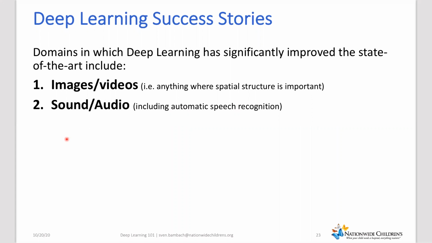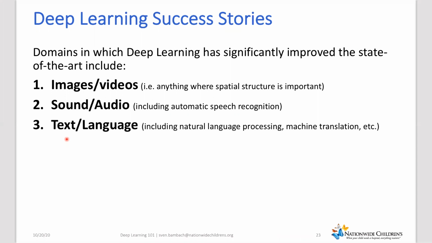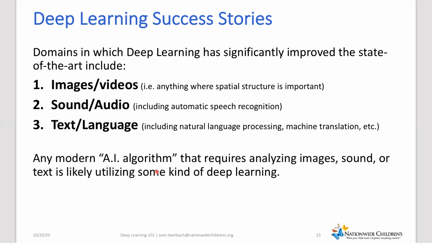There's spatial or temporal structure that's important. Or text and language. This means natural language processing, machine translation, and these types of problems. And I would argue that any modern AI algorithm that people show you that requires analyzing images, sound, or text is very likely to use some type of deep learning. So I think these are the areas where we know that deep learning works very well.